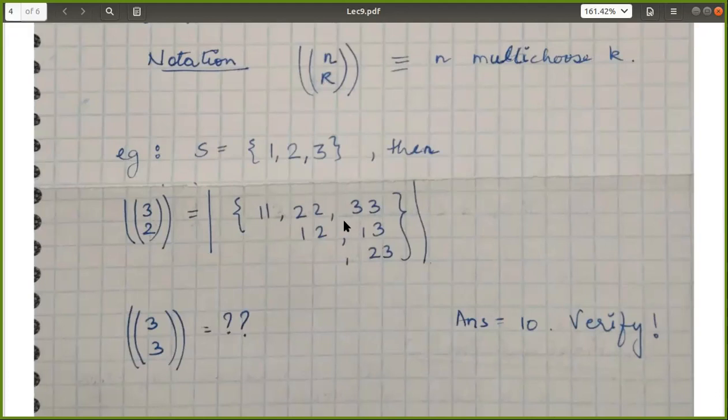But there is a small problem here, right? Like if you take n to be 4 and k to be 2, yeah, I was about to say. So he got lucky because we were dealing with just 3 numbers. Yeah, that's true. If you had a higher n, then this method wouldn't work. You will have to really come down to what we were just discussing, that to find n multi-choose k, you would be using n multi-choose k minus 1.